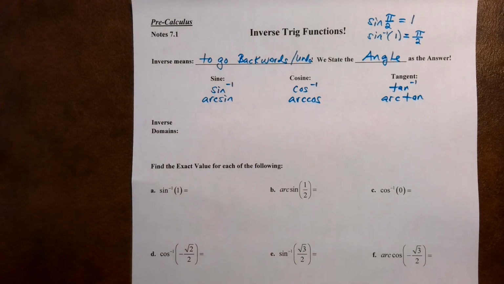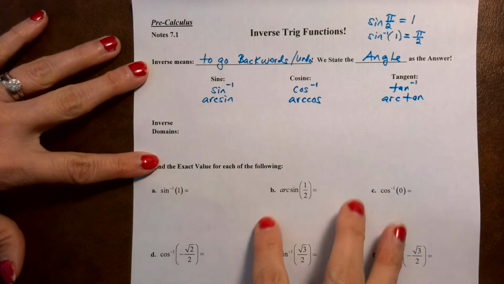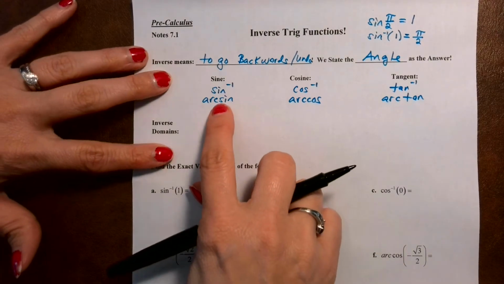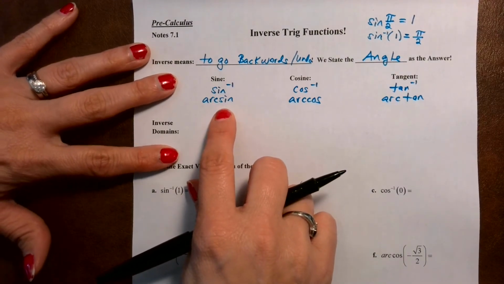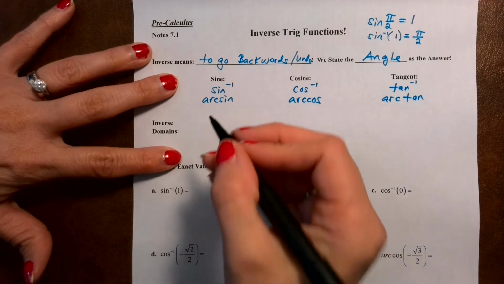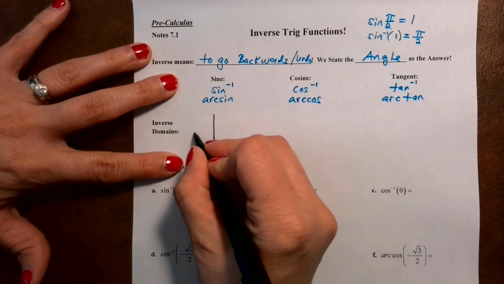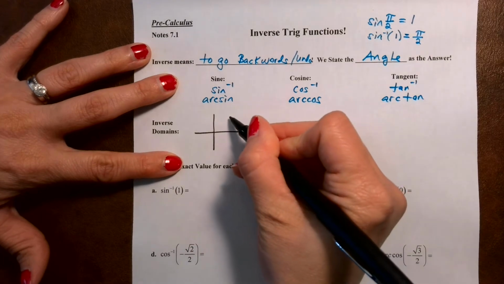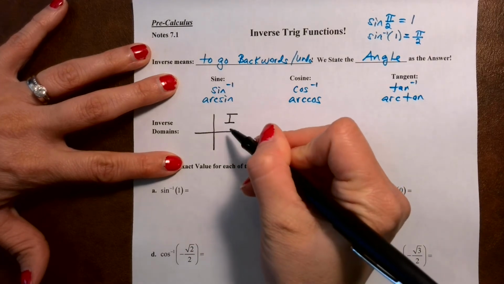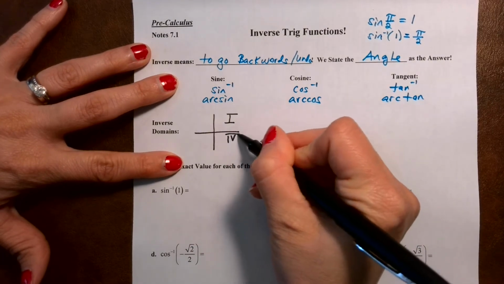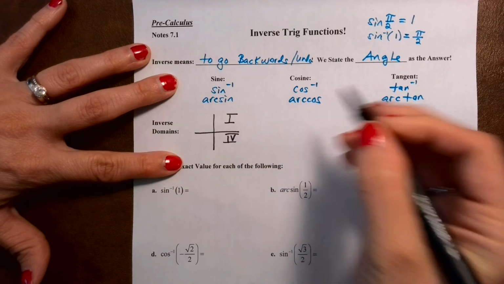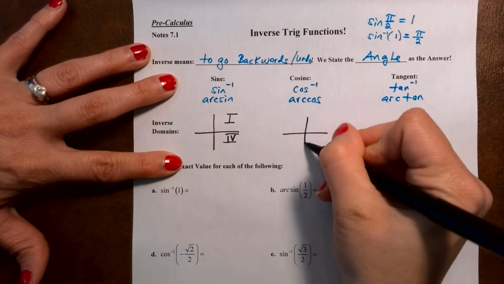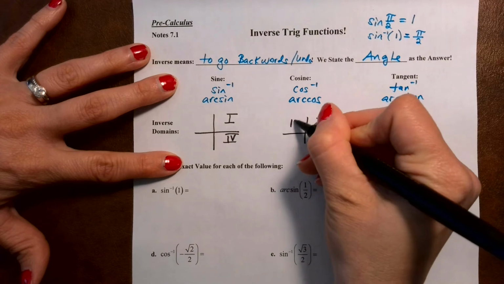I have to tell you where you're allowed to look. There are some domain restrictions. Inverse domains: if you're going backwards, I have to tell you exactly where you're allowed to look. For sine inverse, we're allowed to look in quadrant 1 and in quadrant 4. For cosine inverse, you're only allowed to look in quadrant 1 and in quadrant 2.